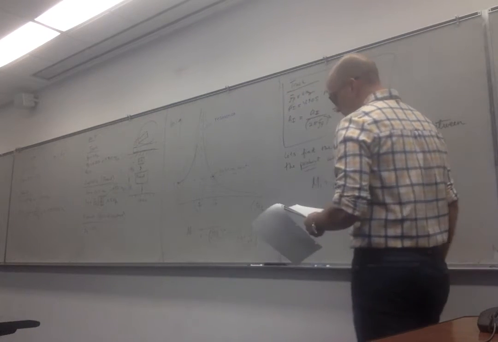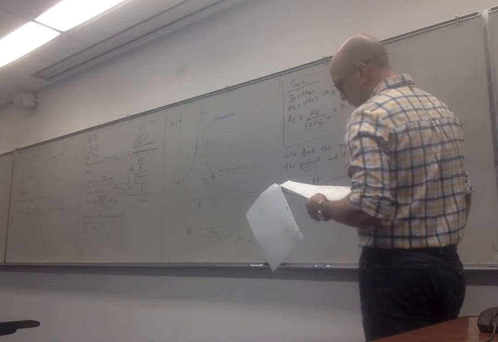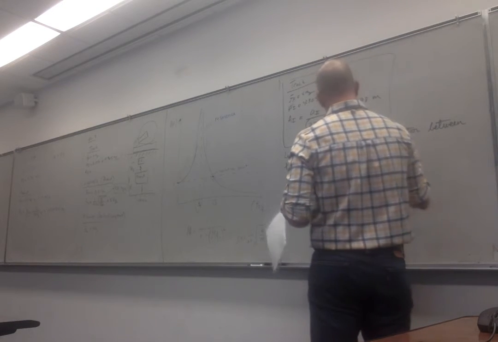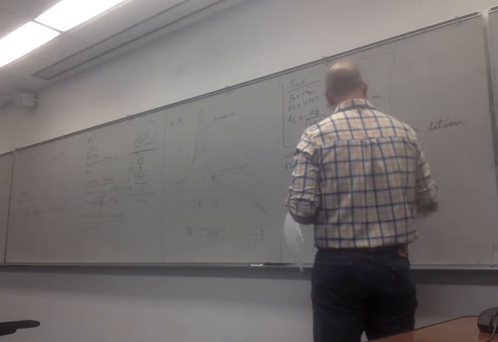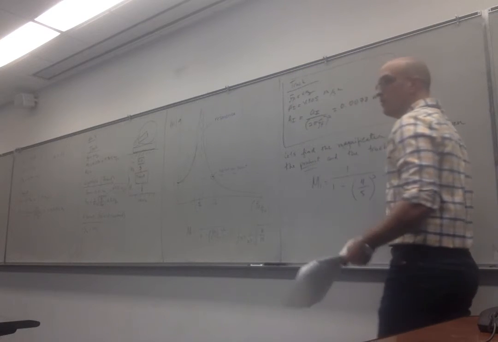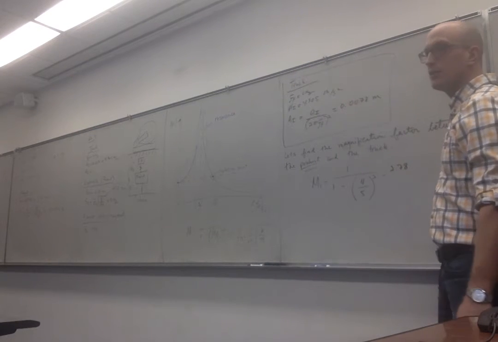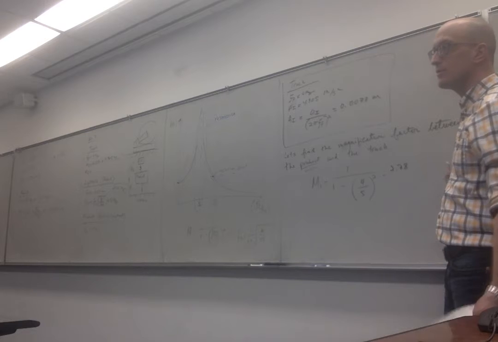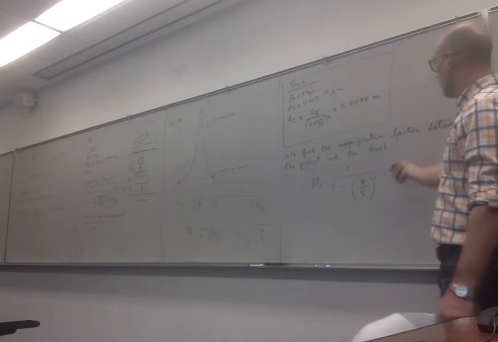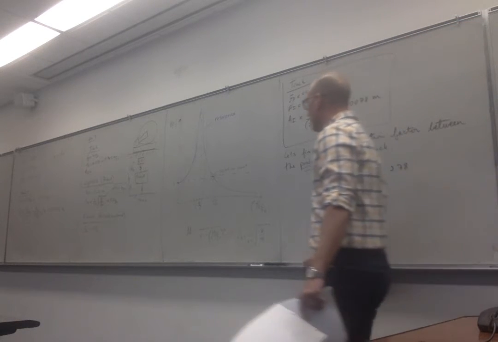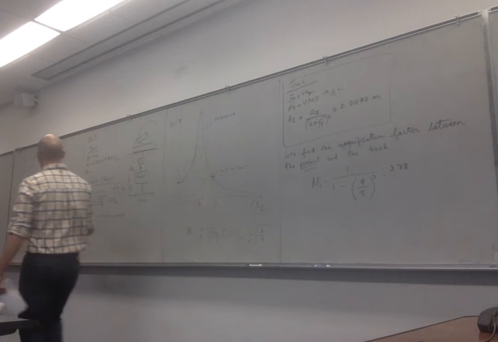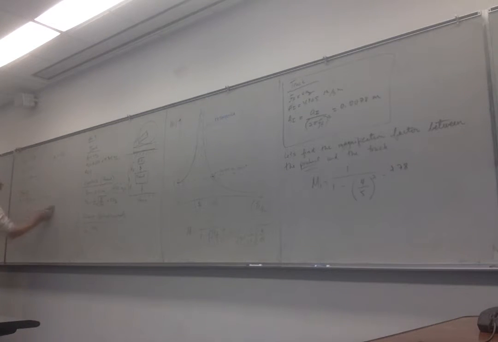Square. If you calculate this, you find a magnification factor of 2.78. Again, in your exam and homework, don't carry like 10 significant figures. It's not a big deal. 3 significant figures is usually plenty of accuracy for what we're trying to do, okay?